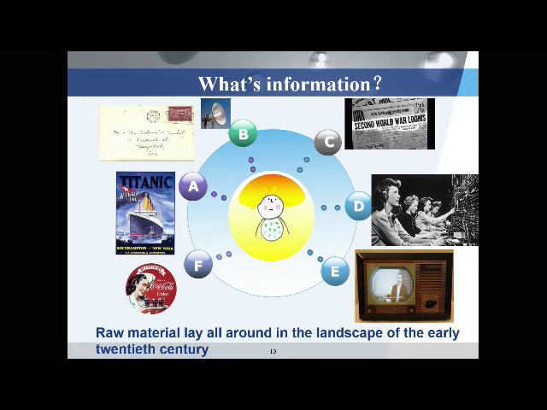The data was transferred through post mail, broadcast, newspapers, telephone, television, advertisements, movie posters. You can see the data there. But are all those information? And what's the common property behind all of those different types of data?